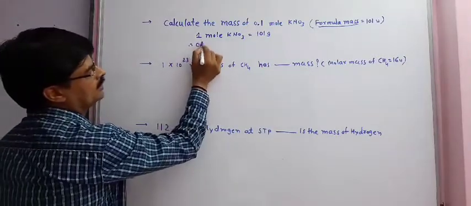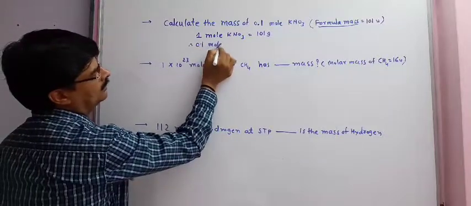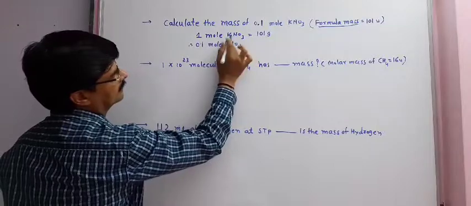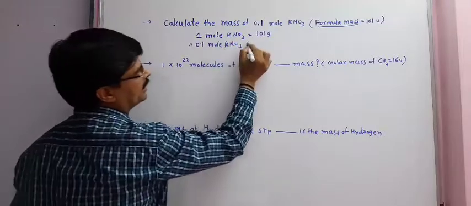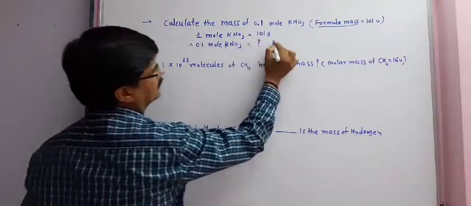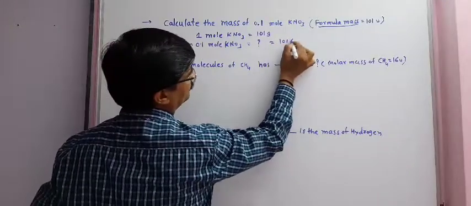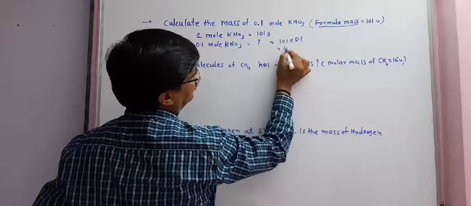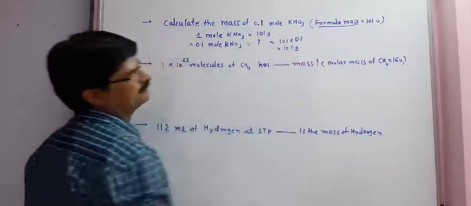Therefore, 0.1 mole KNO3 is equal to what? So we can get 101 into 0.1 is equal to 10.1 gram.